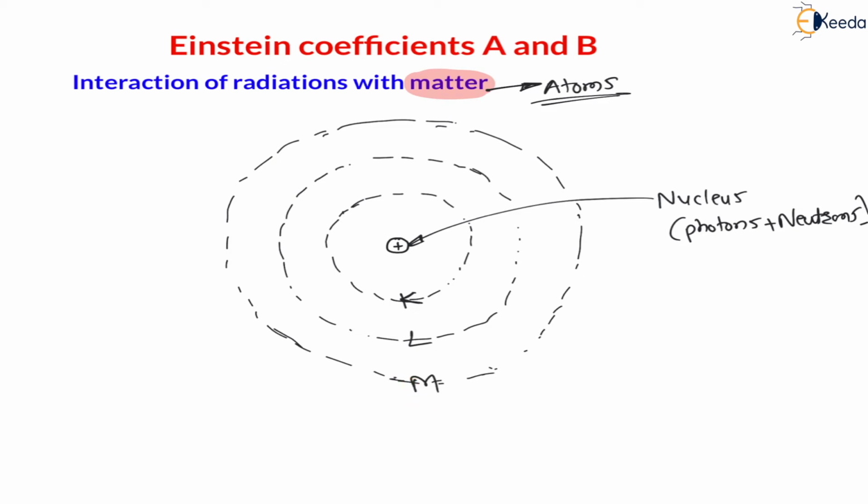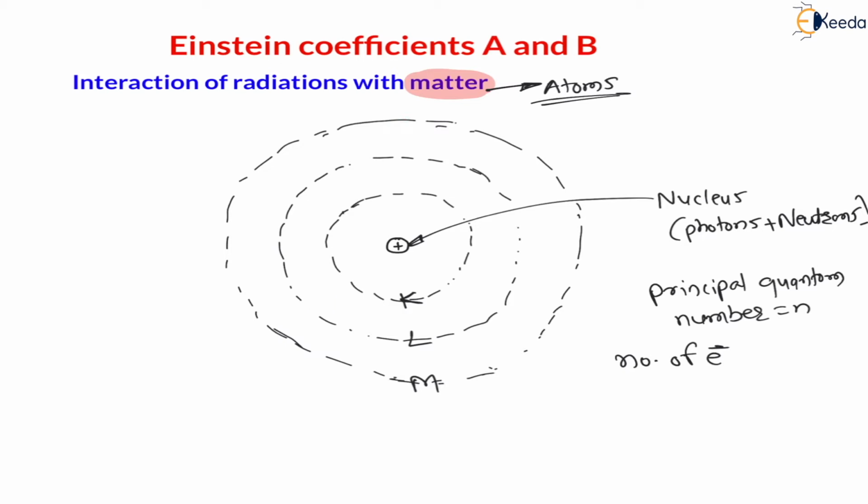Now my dear students, for the orbits there is a principal quantum number, generally represented by n. The maximum possible number of electrons that can exist in a particular orbit is given by a formula.